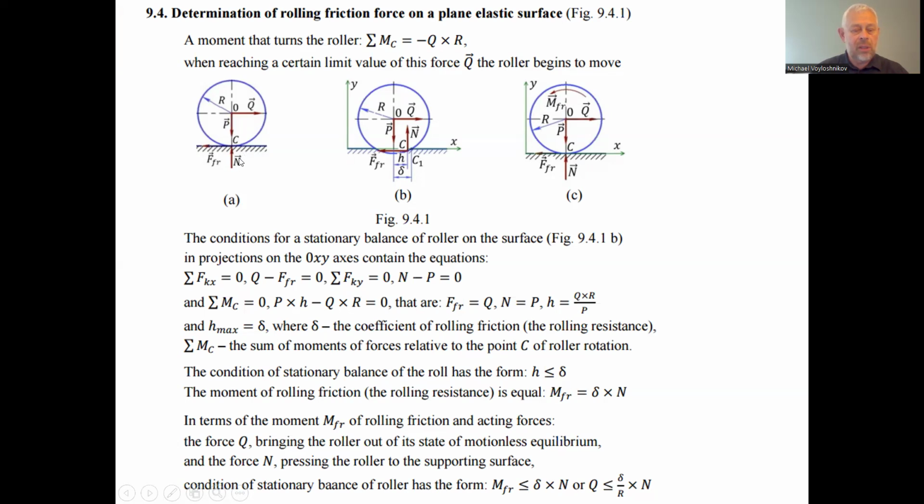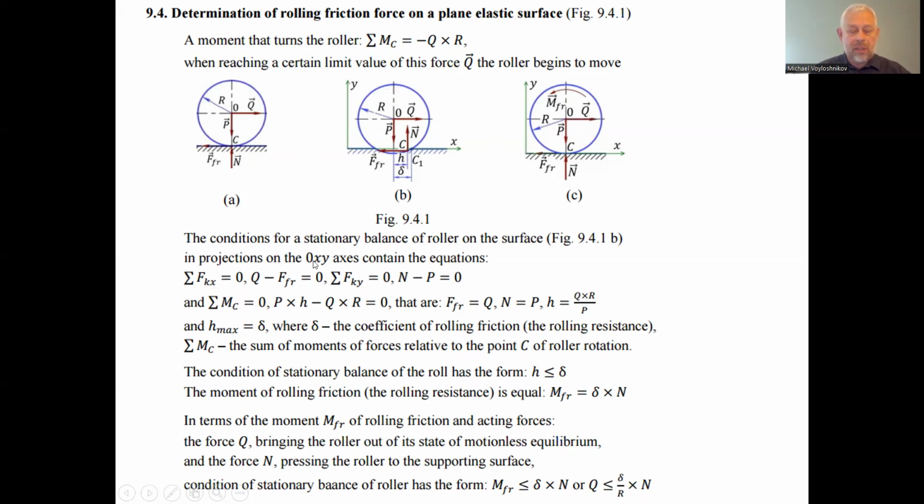The force of the weight is in balance with the force of the reaction of the support, the elastic support, supporting the point C. So we have to consider as well the magnitude of the moment which turns this roller, with the moment equal to minus Q by r. r is the radius of the roll. When reaching a certain limit value of this force, the roller begins to move.